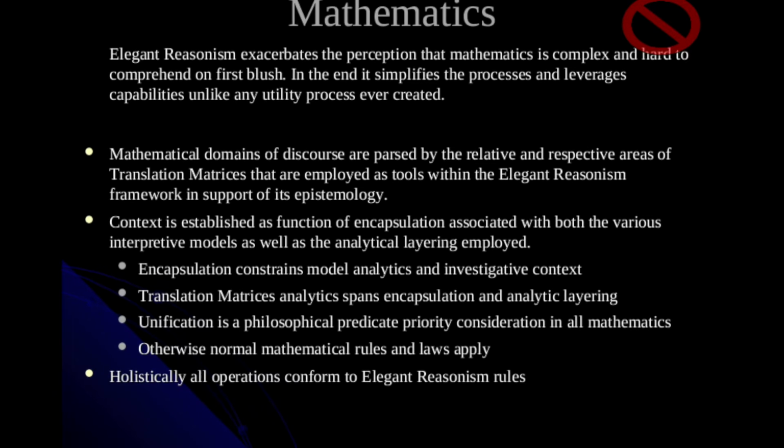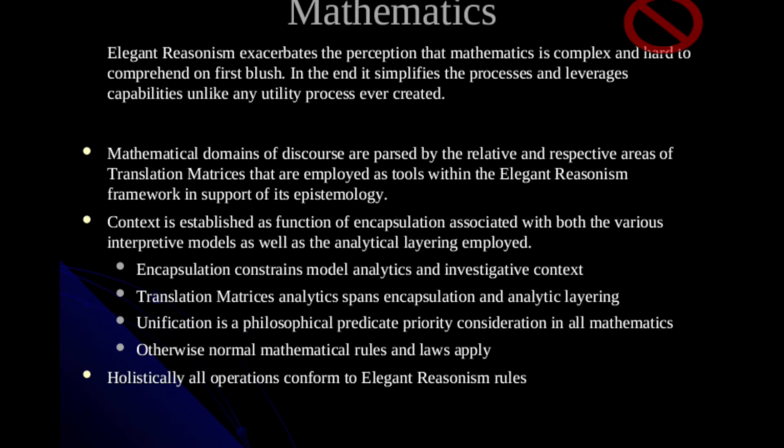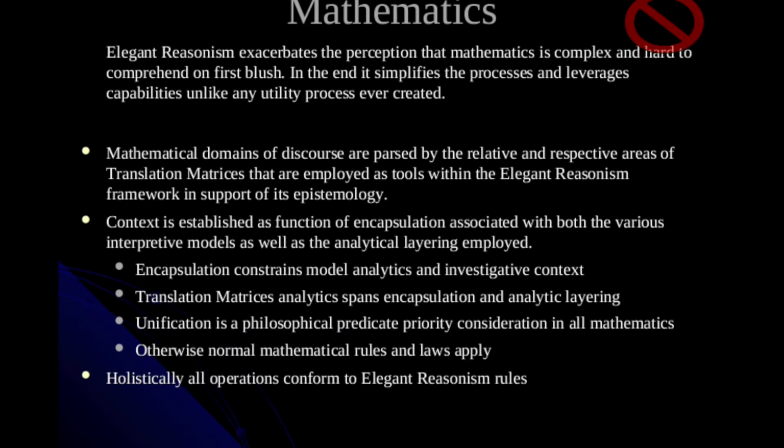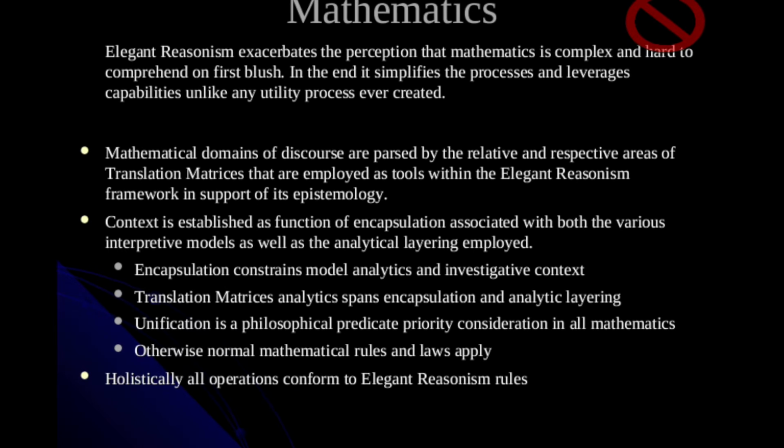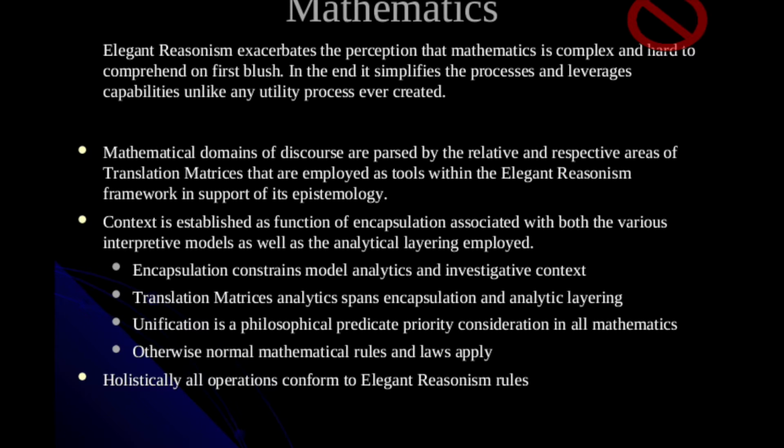And it is that context that is a function of that effort. When we take a look at that encapsulation in the framework of the translation matrices, the patterns of those relationships vary model to model to model for the same paradigm of interest.